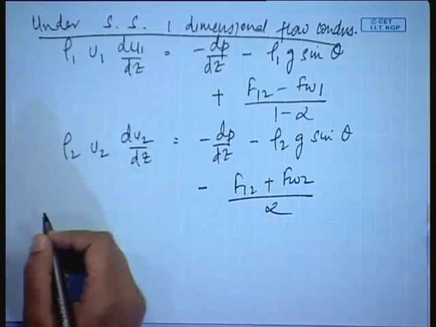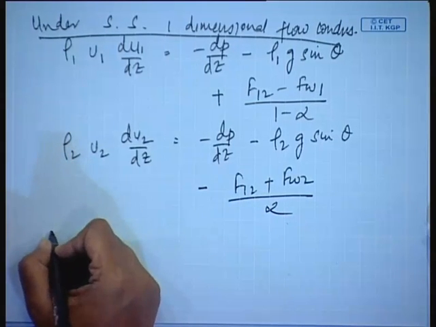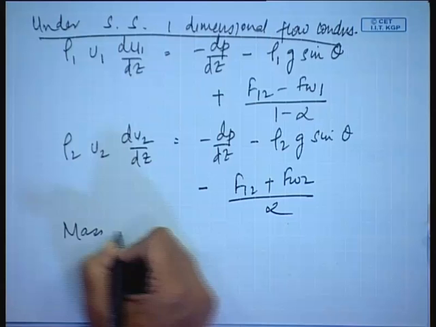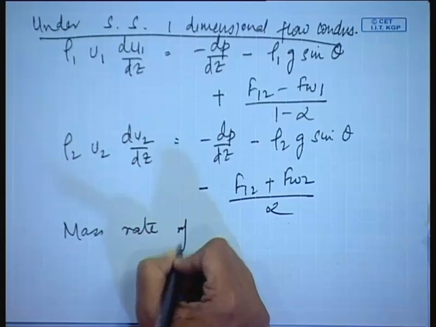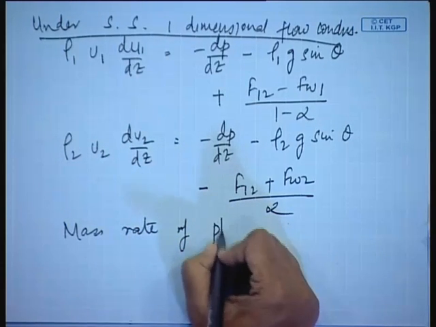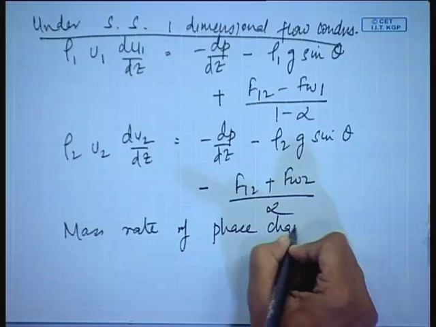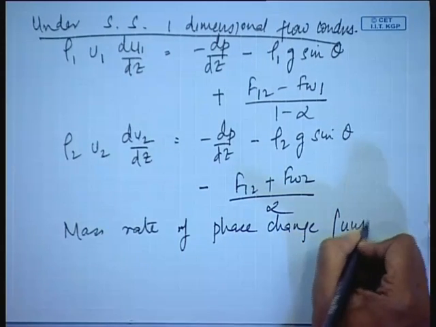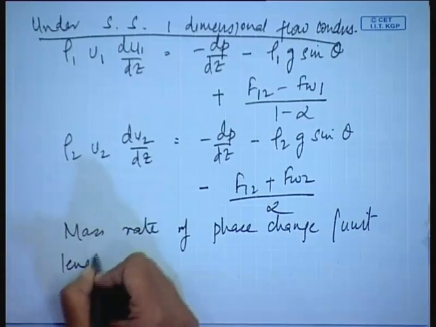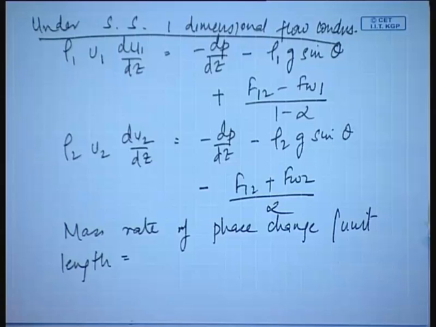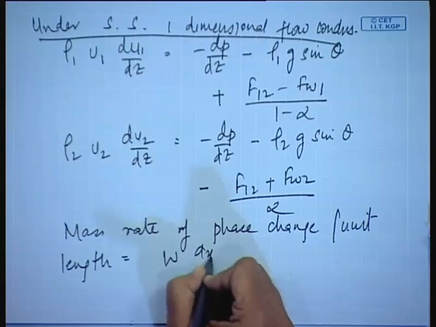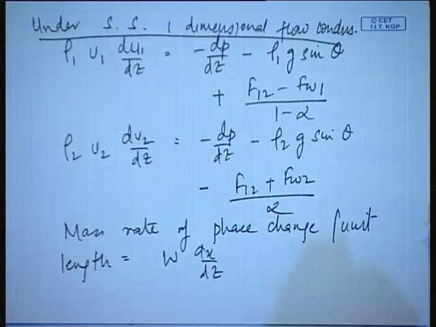Okay. Now, suppose we assume that the mass rate of phase change per unit length is equal to, say, w dx dz, yes or no, you tell me, isn't it? Per unit length, what is the mass rate of phase change?